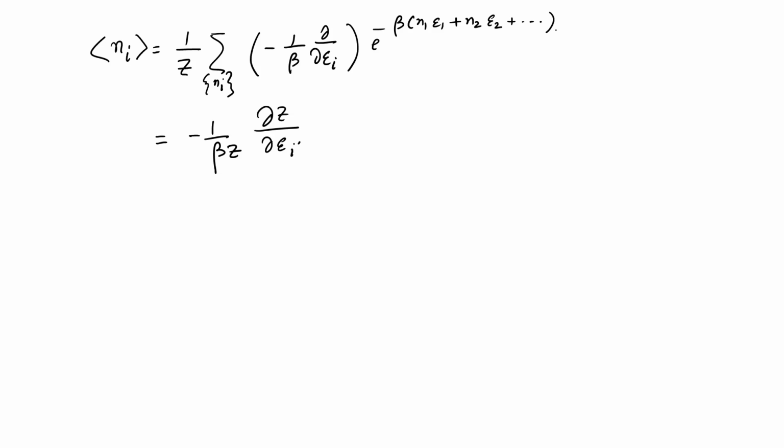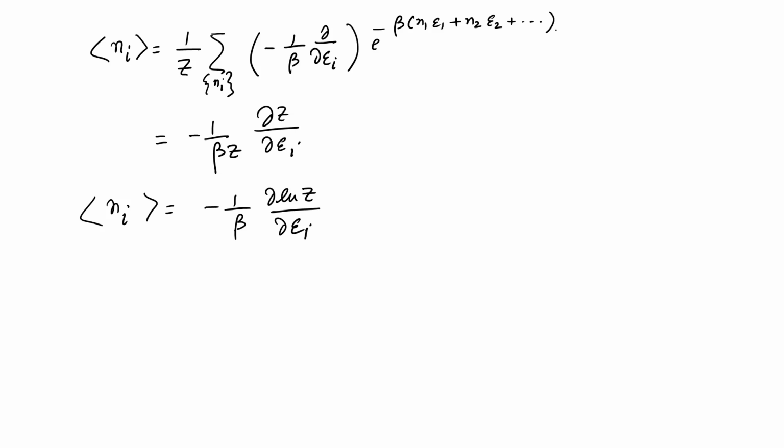Okay. So, Ni is equal to minus 1 by beta, because this can be further simplified and written as del ln z by del epsilon I. This is the formula for calculating the average number of particles, and this is what we have seen earlier.